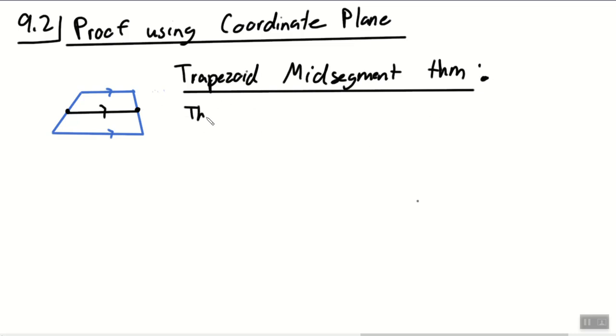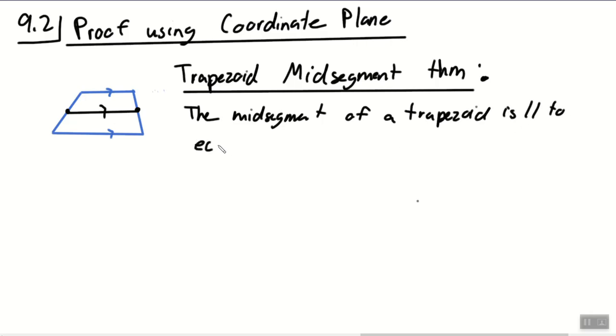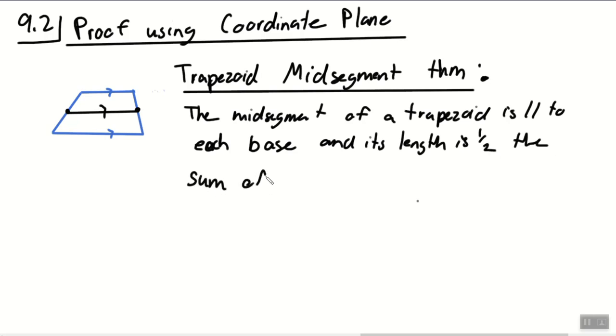The mid-segment of a trapezoid is parallel to each base, and its length is 1/2 the sum of the lengths of the bases.